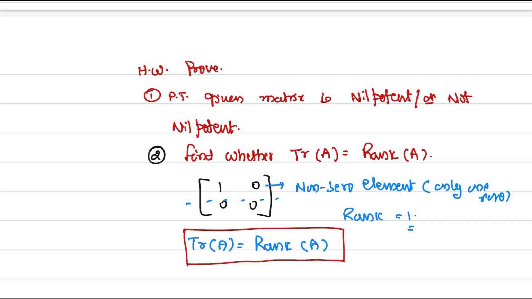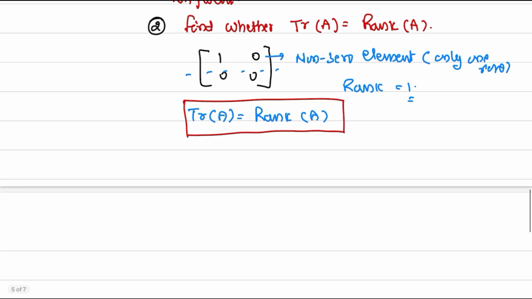Next, is A to the power of k equal to A or not? Try to prove this. Third, find if A to the power of k is equal to A for all k greater than 1.